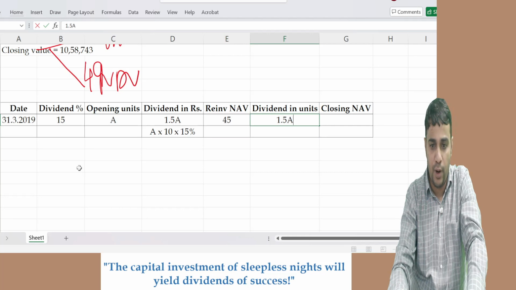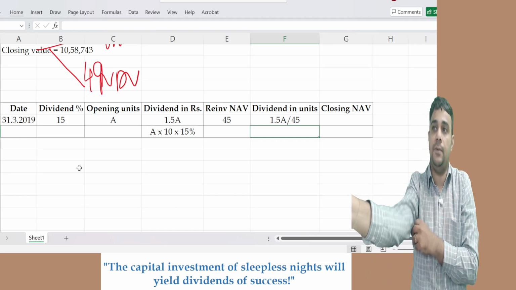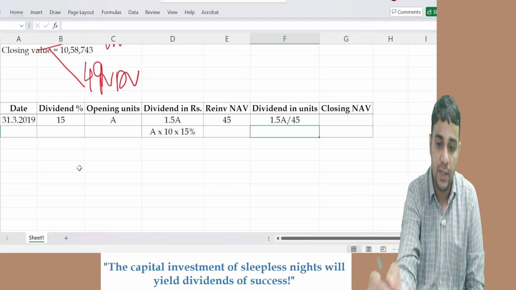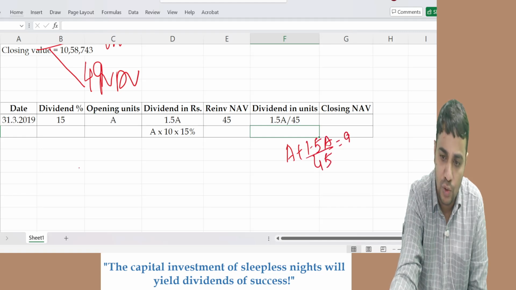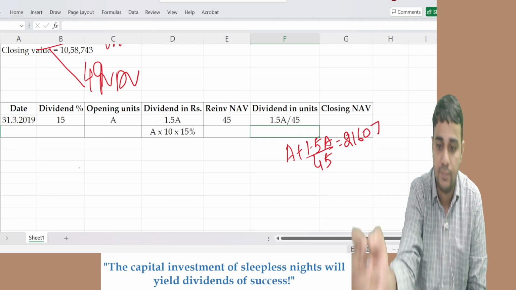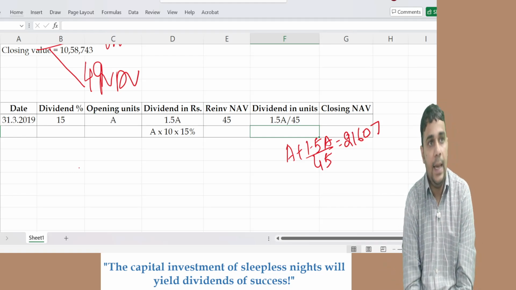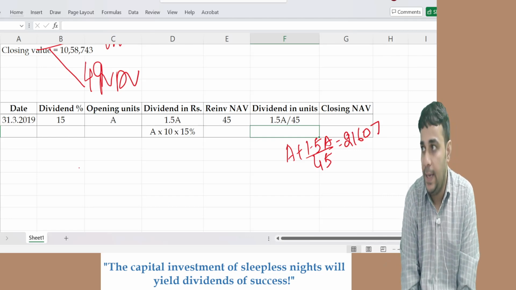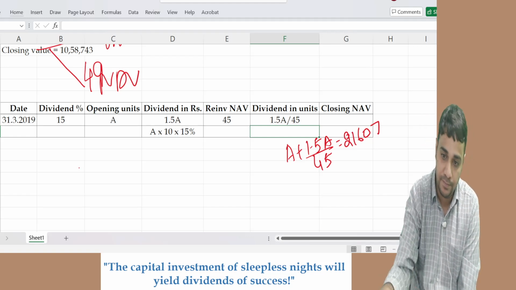Units allotted: 1.5A by 45. Now what does this mean? Closing units: A plus 1.5A by 45 is equal to 21,607.